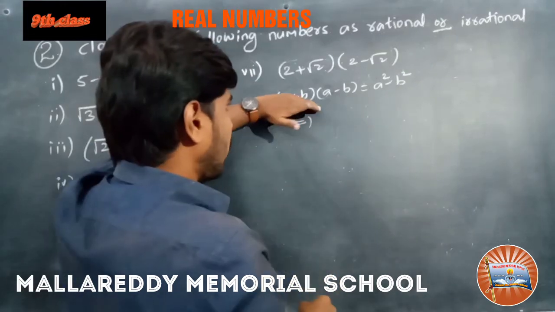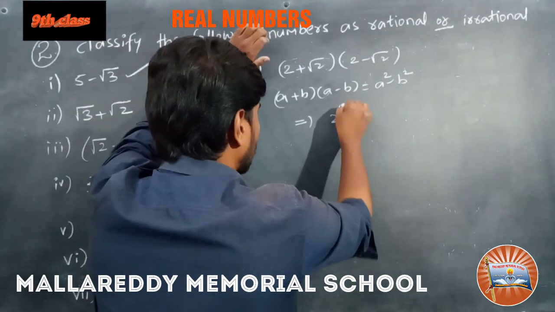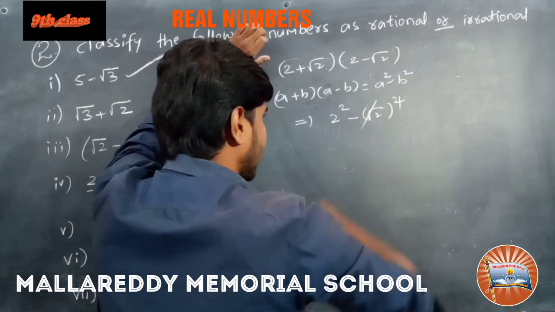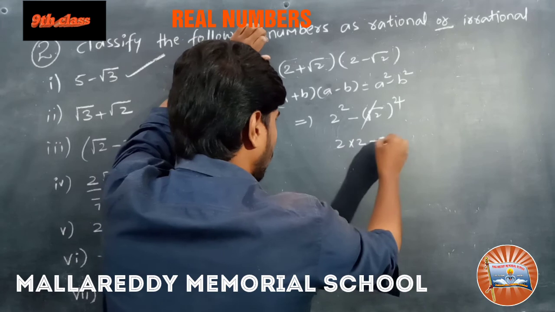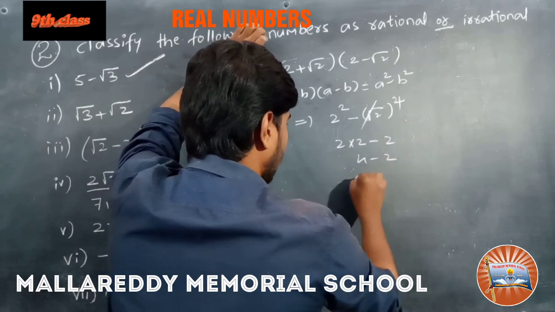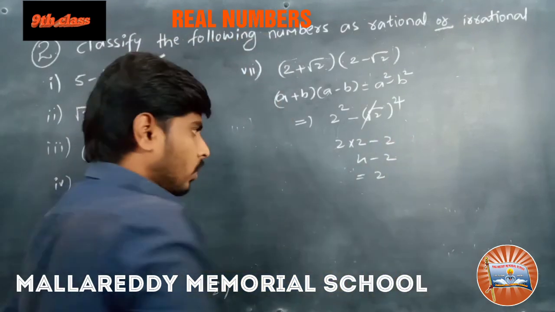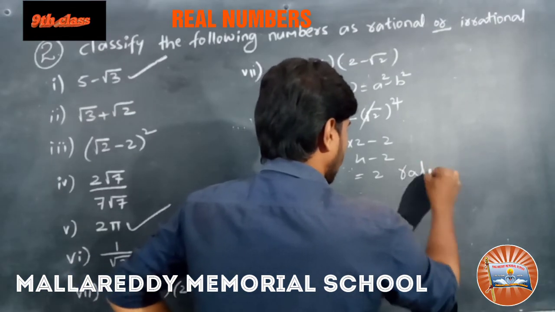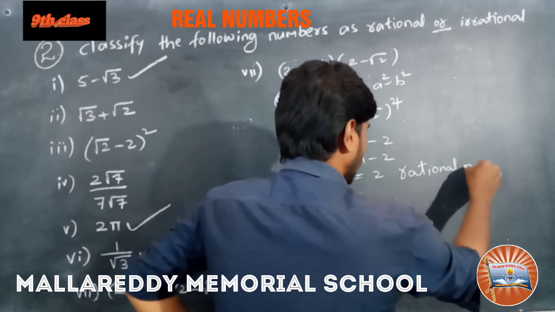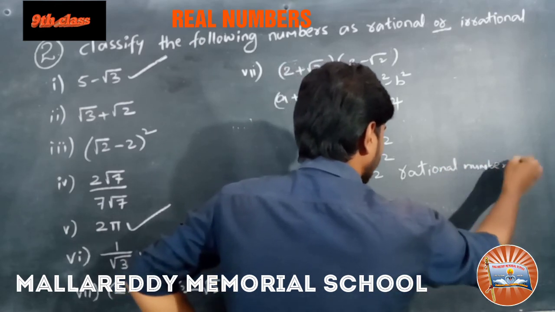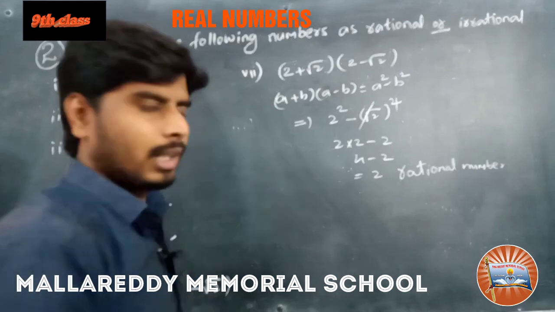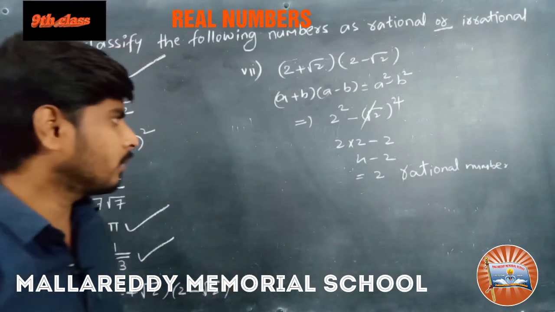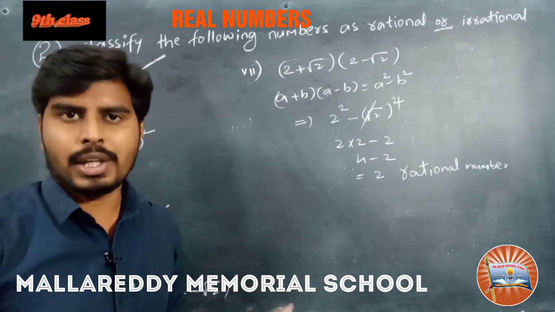By this formula we can write this as 2 square minus root 2 whole square. The square root gets cancelled: 4 minus 2, it is 2. 2 is a rational number. This is about the second problem. We have classified which is rational and which is not rational.